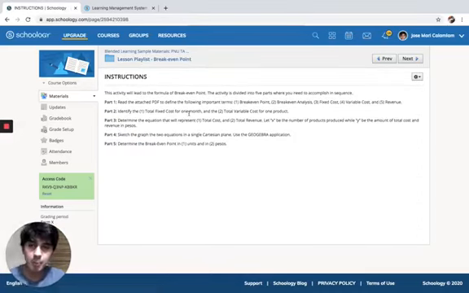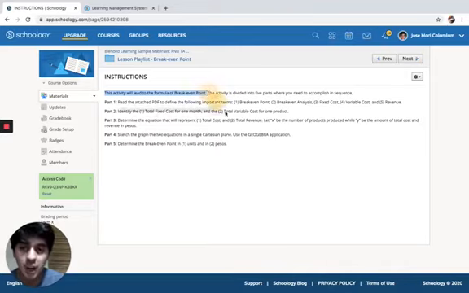This time we have here the objective. The activity will lead to the formula of the break-even point. I suggest you give a separate portion for the objectives.